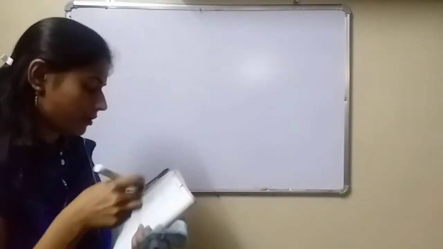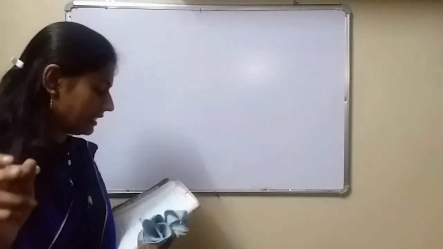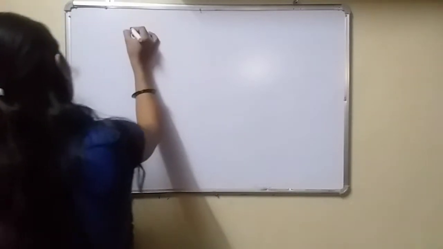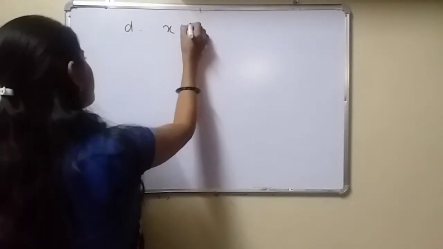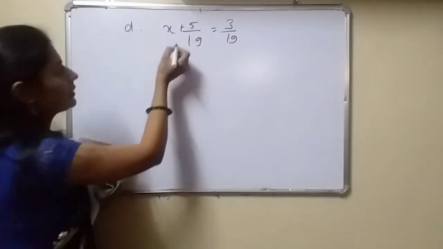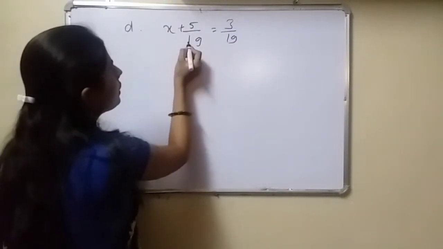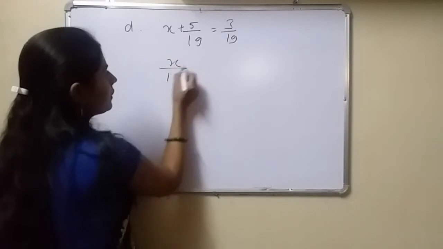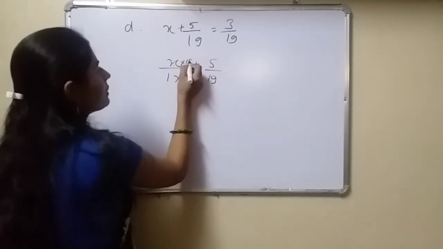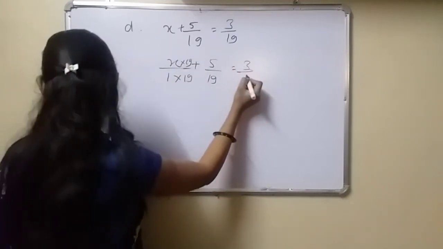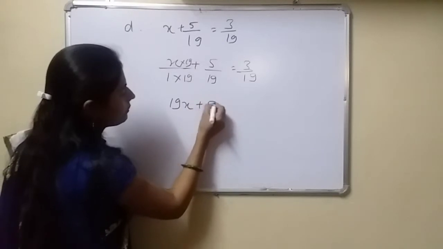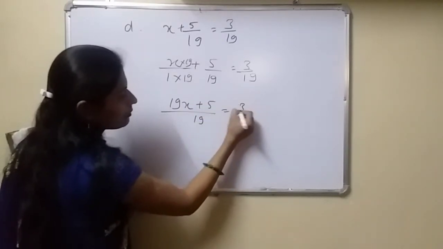Now see the next questions: B, C, D, E, F. These all questions you have to solve. D I will solve. See question number D: x plus 5 by 19 is equal to 3 by 19. Here x is already given, so just find the value. 19 is given here, so x by 1 plus 5 by 19 will become 19x plus 5 by 19 is equal to 3 by 19.